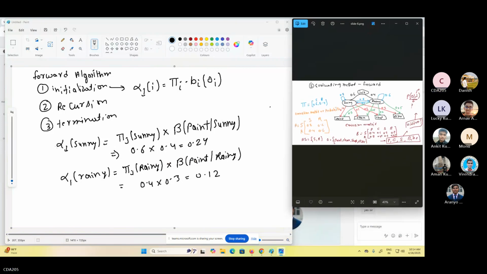So we have calculated the initialization. Our alpha 1 is 0.24 for sunny and 0.12 for rainy.